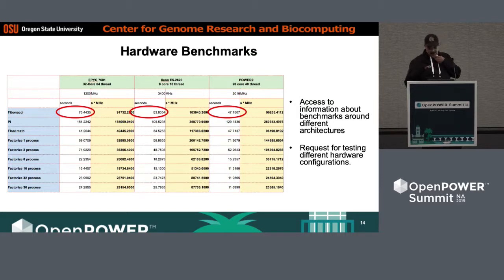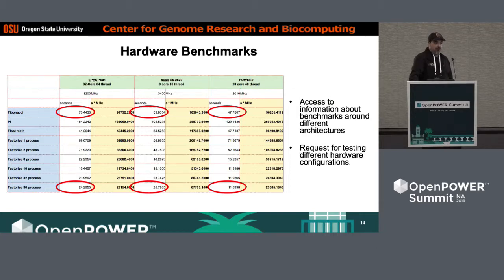As you can see, the Power9 wins with just one thread, but as you thread up, oh my goodness. What we really want to show is that if people join this builder community, they're going to be able to see these values, take advantage of this, and request these kinds of things to be done so they can see what the impact is on different hardware.